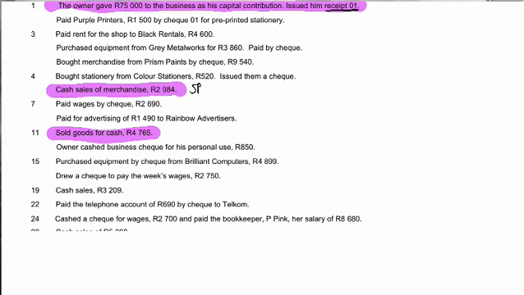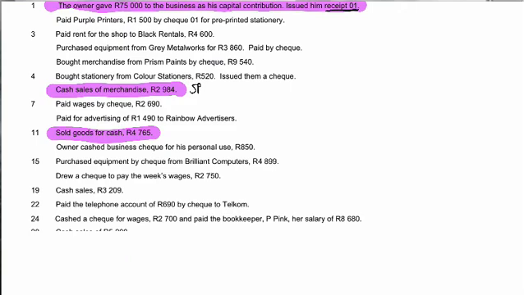CPJ. Spot on. Purchased equipment from Brilliant Computers. CPJ. Okay. Drew a check to pay the week's wages. CPJ. Okay, we are paying wages.